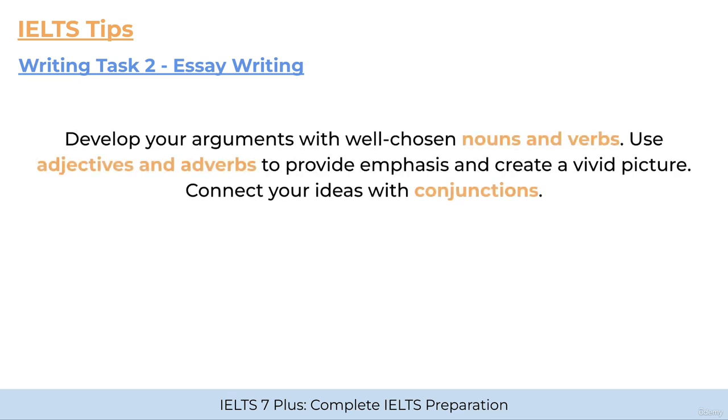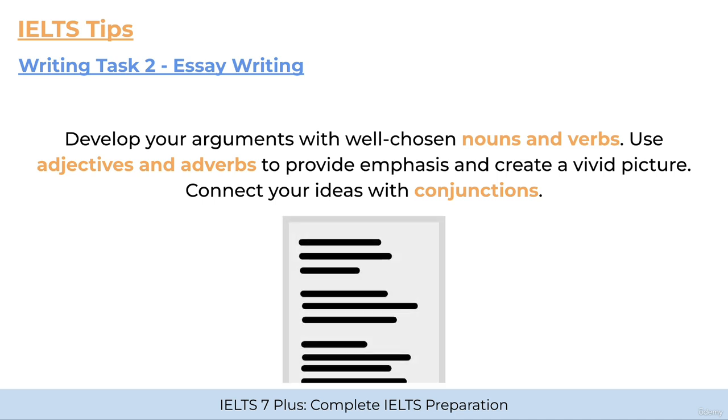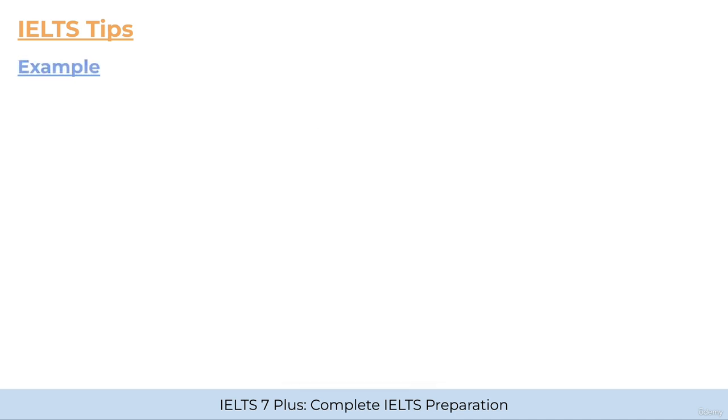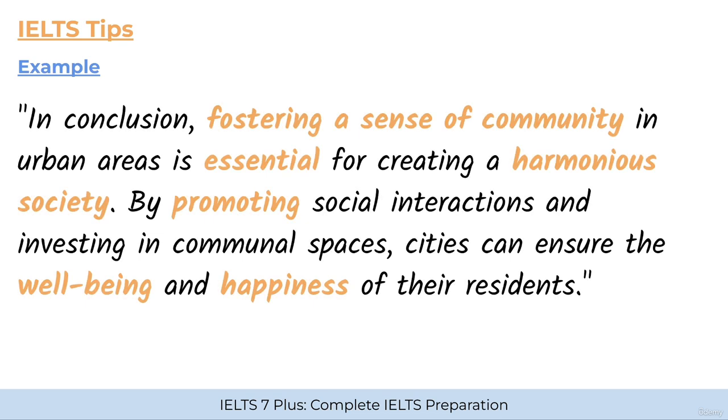Now, when we're thinking about our essays, we want to use everything that we've learned, our nouns, our verbs, adjectives, adverbs, and connect them all with our conjunctions. Just as an example here, you could say something like, in conclusion, fostering a sense of community in urban areas is essential for creating a harmonious society.